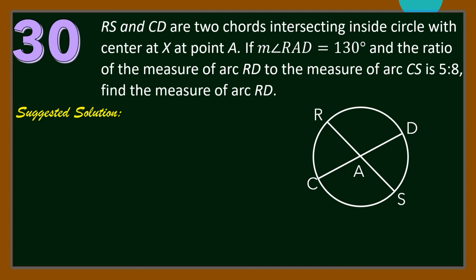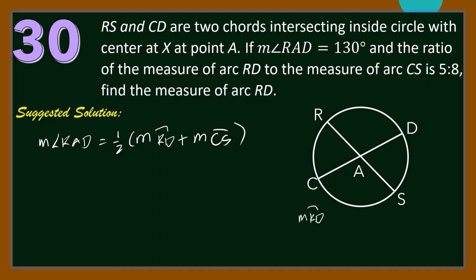For our suggested solution, we know that the measure of angle RAD is 1/2 the sum of the measures of arcs RD and CS. However, we are given the ratio of arc RD to the measure of arc CS as equal to 5 to 8.